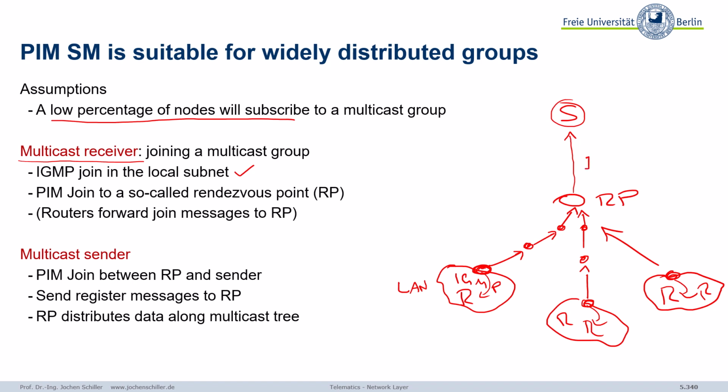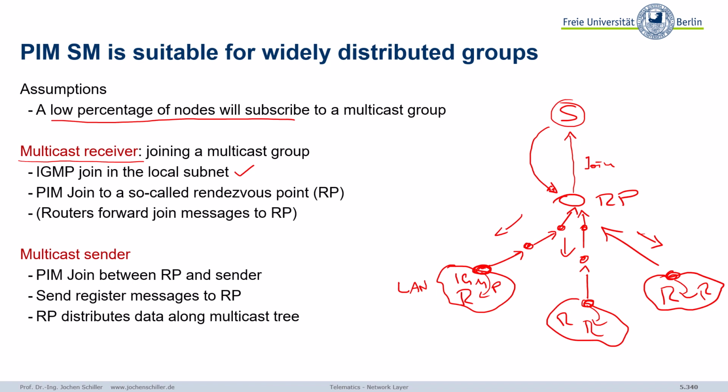So you also use these join messages, as we will see, between the rendezvous point and the sender. And the sender then sends also a message to the rendezvous point, a register message, to say, okay, I know you want to receive my multicast data. And as we'll see, the rendezvous point starts distributing data along a multicast tree.